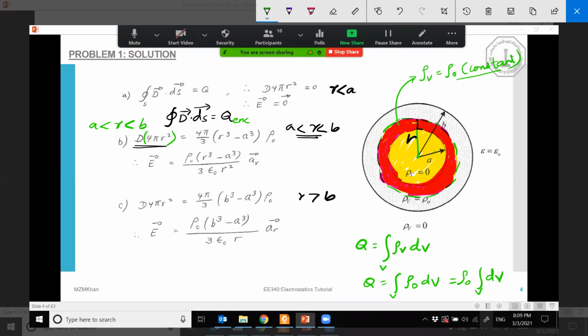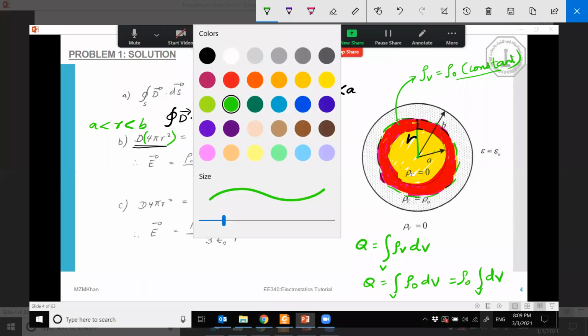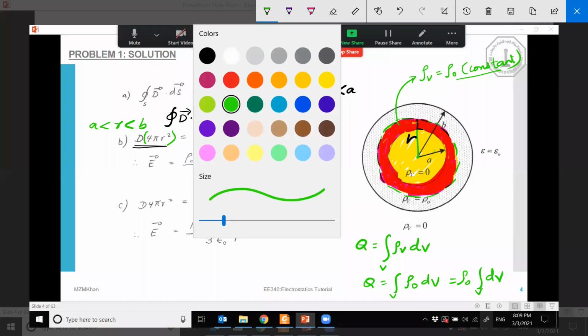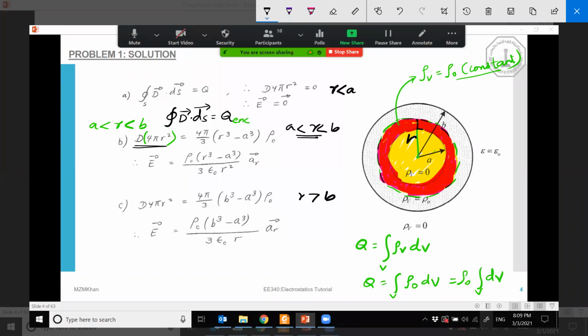Now, how can you find the volume of this red region? I can find it as 4/3 πr³, which is the volume of my complete sphere, which is enclosed in my Gauss's spherical shell.